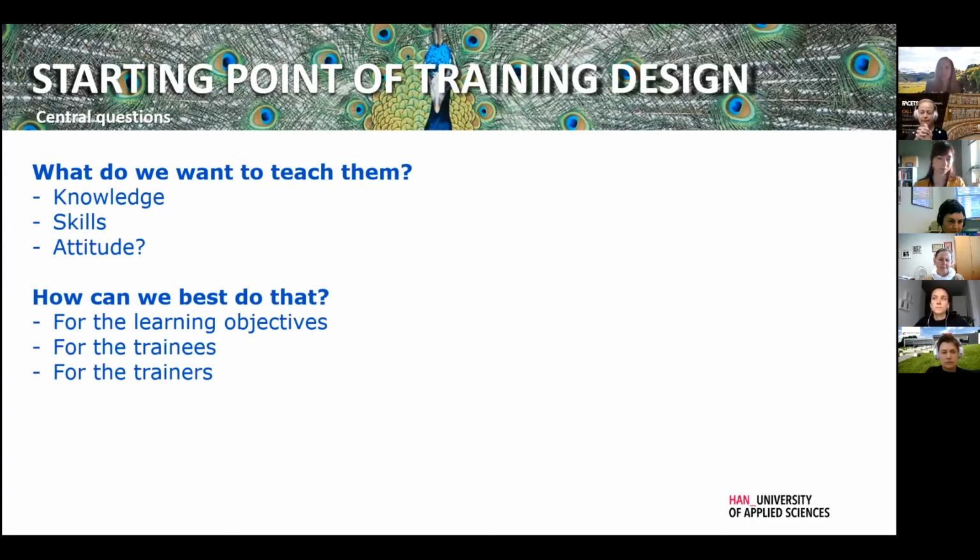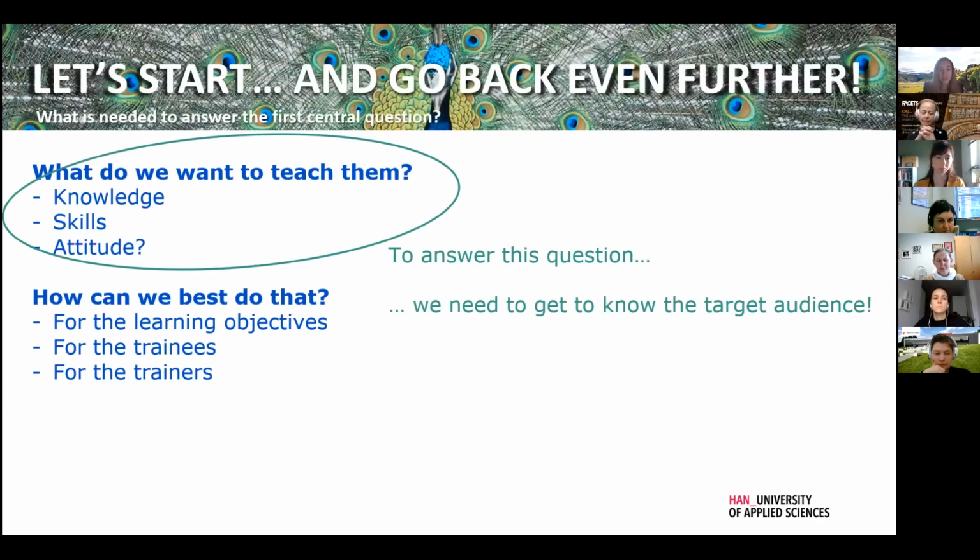And that also involves multiple perspectives. What is the best for the learning objectives? But also, what is the best for the trainees that you have in mind? And what is the best for the trainers? Because it should also be feasible for them, or work for them, what they are going to train. So those are the central questions in the design process of this training.